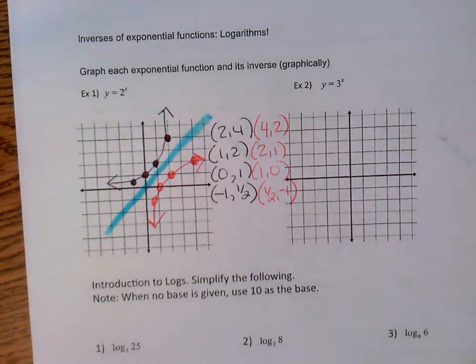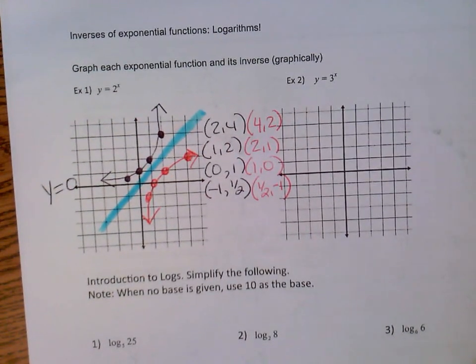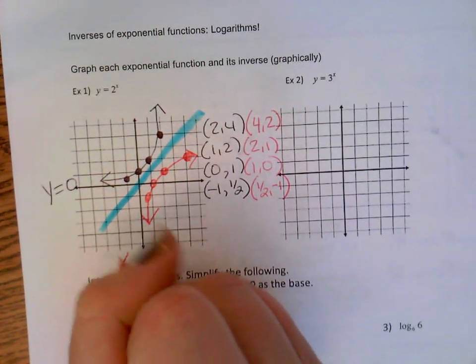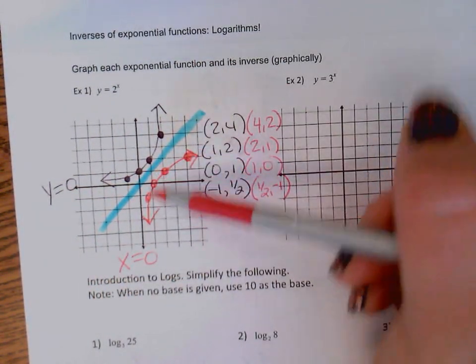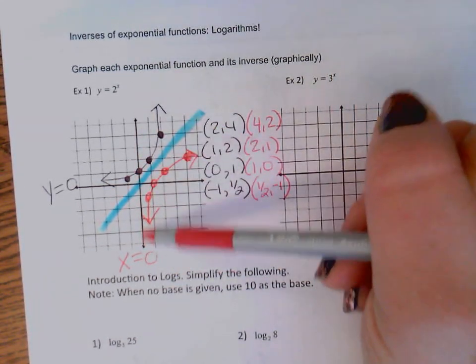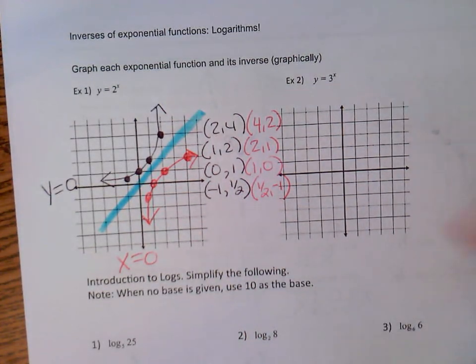Y equals 0, right? So if x's and y's switch, guess what? The red graph has an asymptote where? At x equals 0. See how it's approaching x equals 0? I'm not going to draw it in, but x equals 0 is that vertical asymptote. Domain and range would flip-flop, therefore.